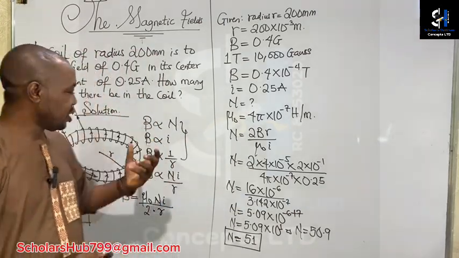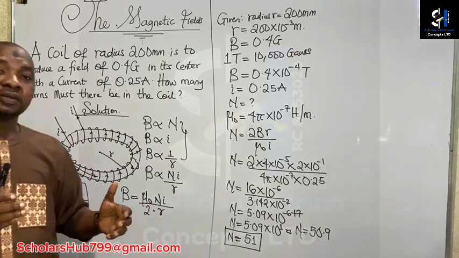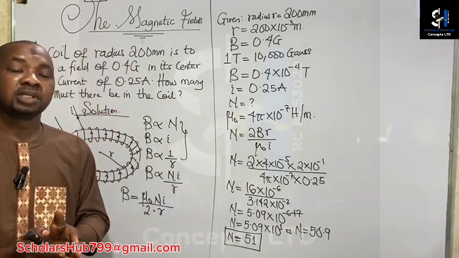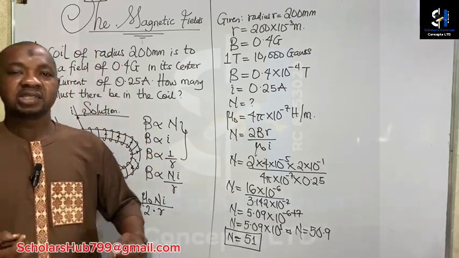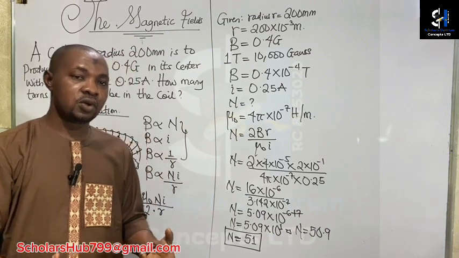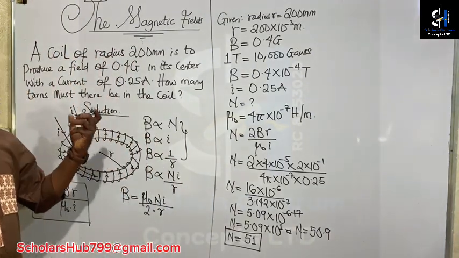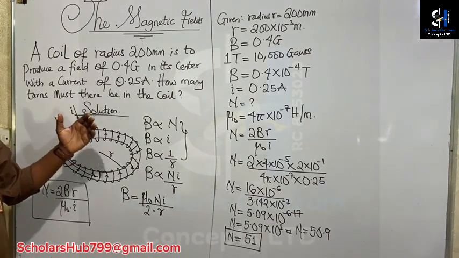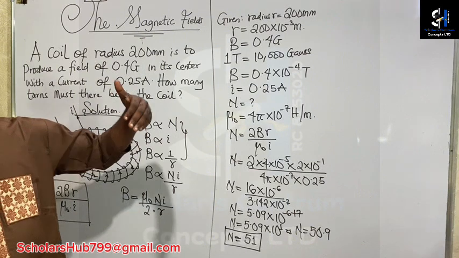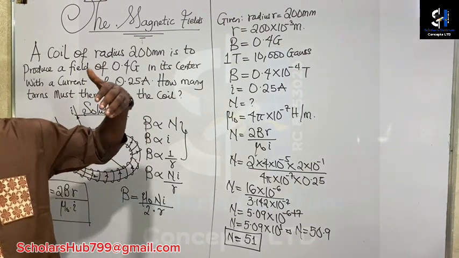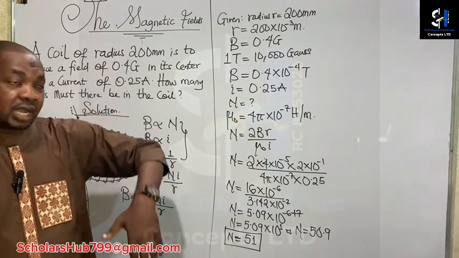Just like what I explained about this, when current flows through a coil, the flow of current will generate what we call a magnetic field. So the magnetic field lines of induction, or the magnetic field lines of force, will emanate from the center of the coil. When the direction of current is clockwise, the magnetic field lines of induction will emanate from the center in the downward direction.